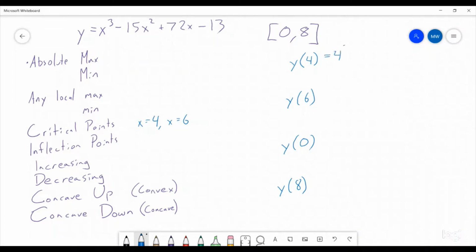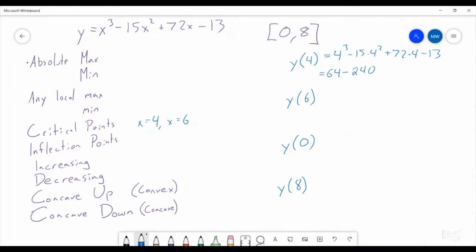So this is 4 cubed minus 15 times 4 squared plus 72 times 4 minus 13. So that is 64 minus 15 times 16. Let's see, 16 times 15, that's 160 plus 80, so that's 240.